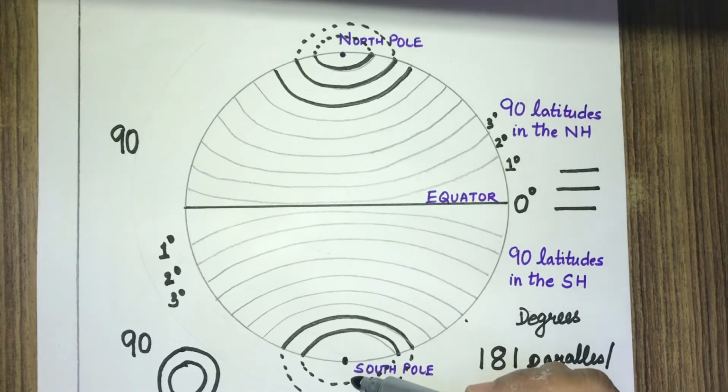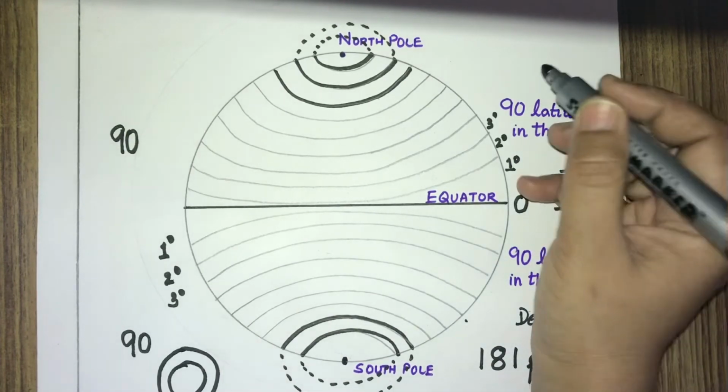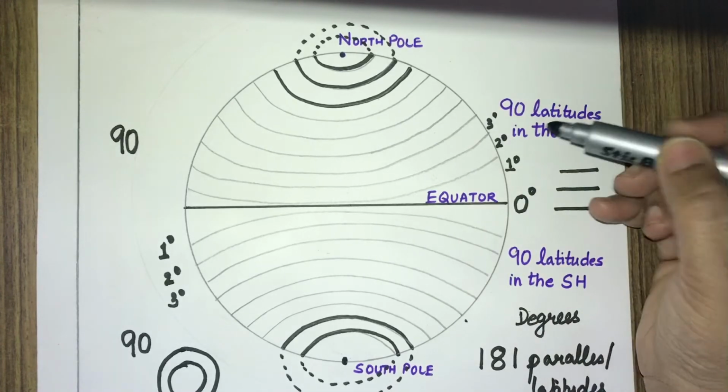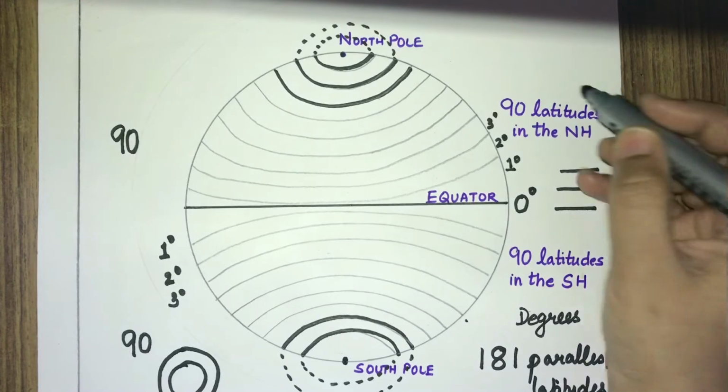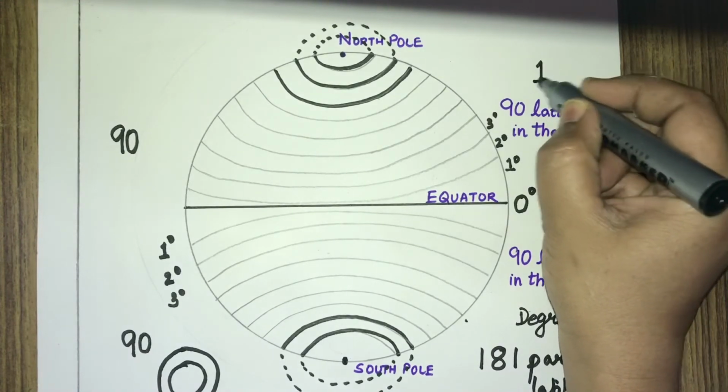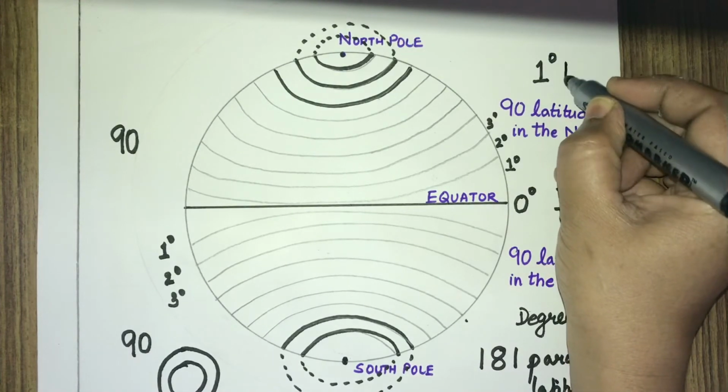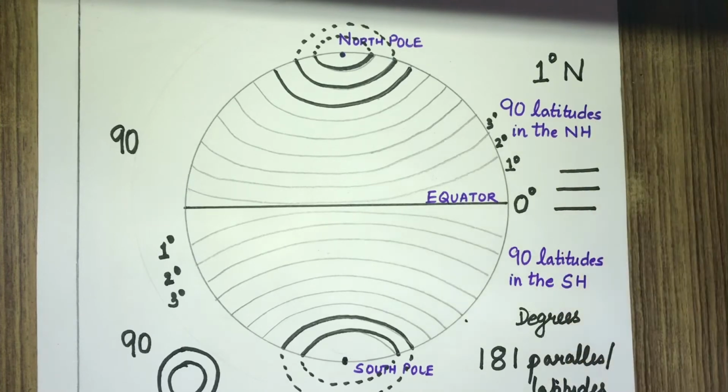Now in higher classes you will learn how to write these parallels and latitudes, but I'll do a quick review for this. Whenever we talk about a latitude in the northern hemisphere, along with the degree we always write N. N means it is in the northern hemisphere.